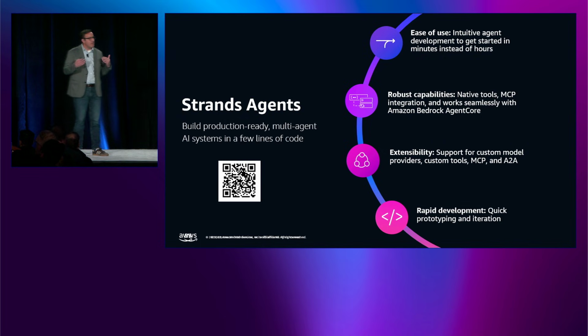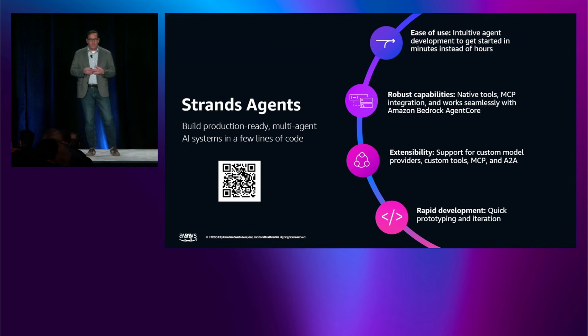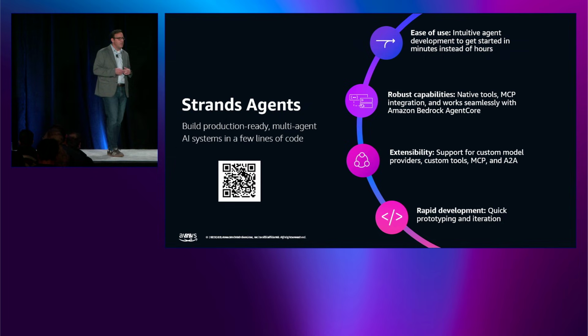This creates a framework that makes it incredibly easy to build agents. What used to take weeks or months can now be done in a few lines of code in minutes. This is open source, this is open use, and so we wanted to make sure that we're supporting all of the different AI agent runtimes, giving you choice of which models, as well as integration tightly with AgentCore and Amazon Bedrock.